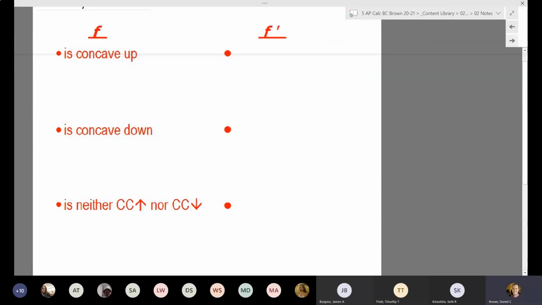We can also talk about what happens when f itself is concave up, concave down, or neither. If f is concave up, then we know that the derivative is increasing. The slopes are increasing. We learned that if f is concave down, then f prime is decreasing.